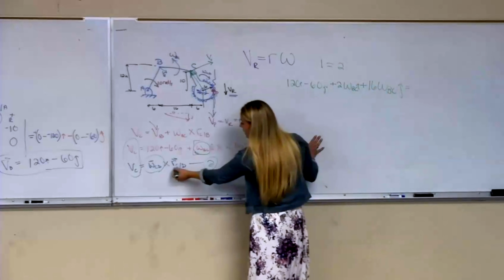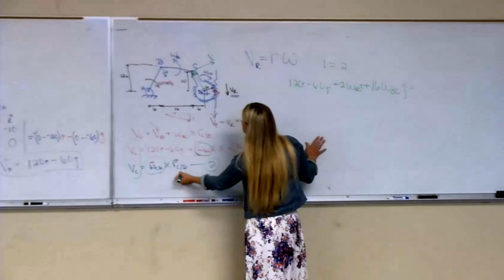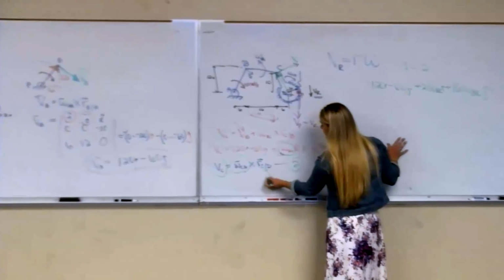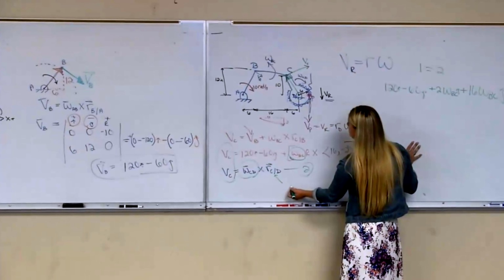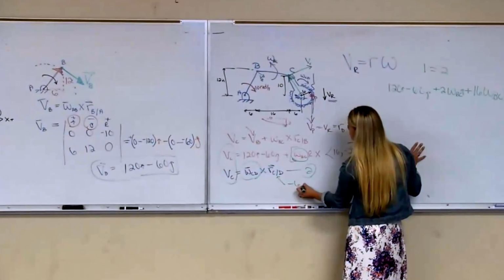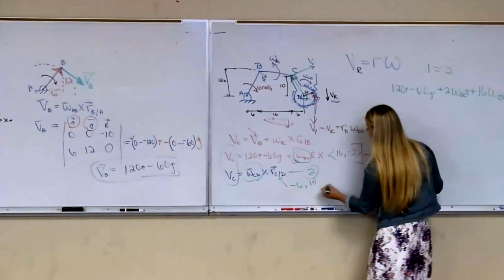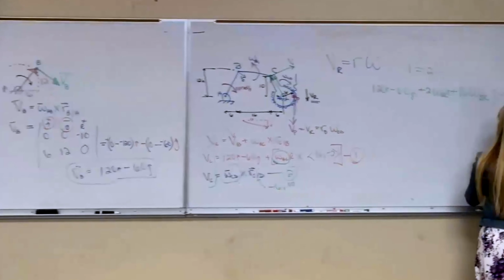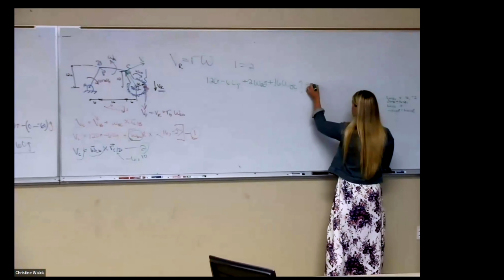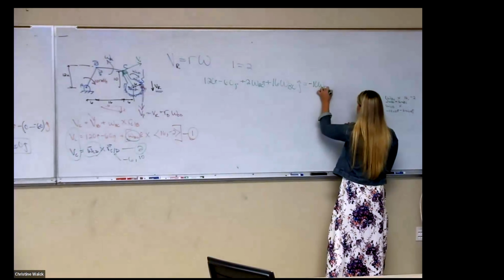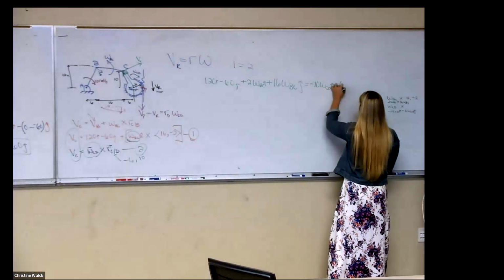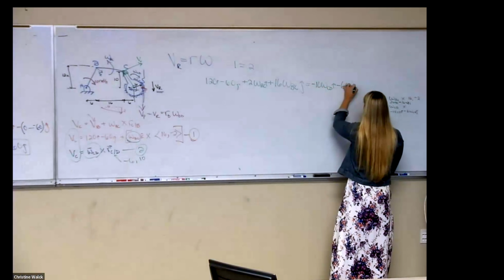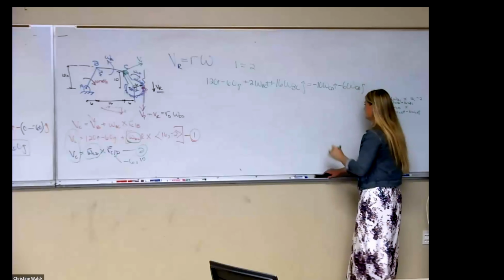RC with respect to D is going to be a vector that looks like that. So we will have negative 6 in the i, and positive 10 in the j. So this is going to equal negative 10 omega CD in the i minus 6 omega CD in the j.